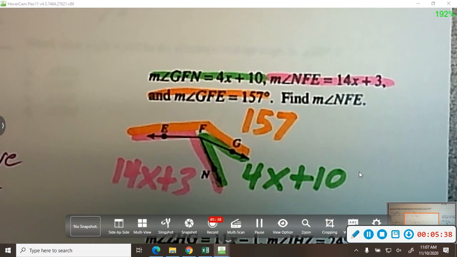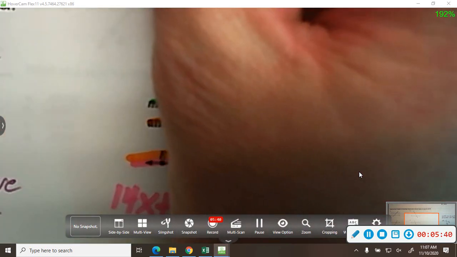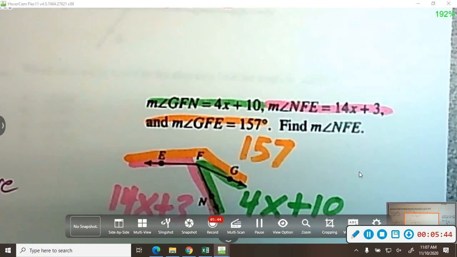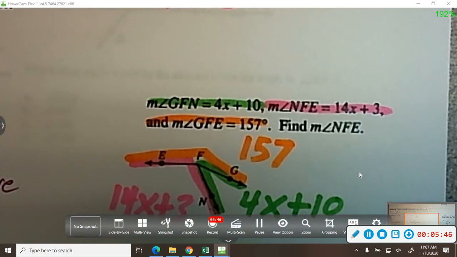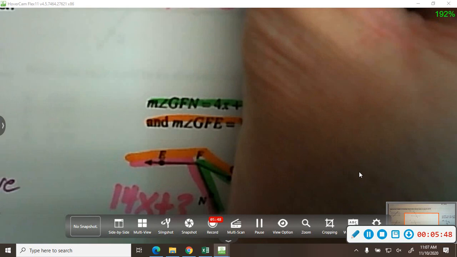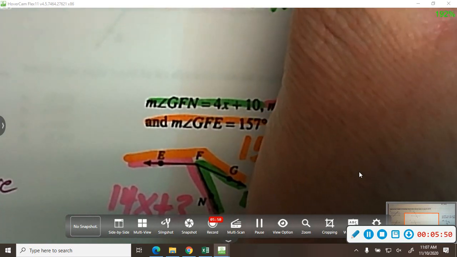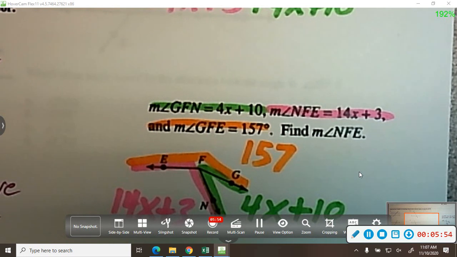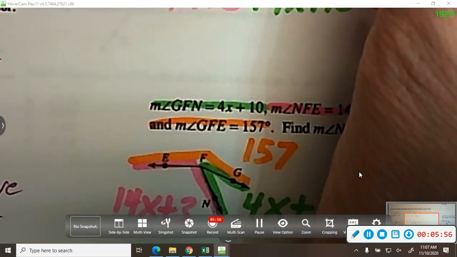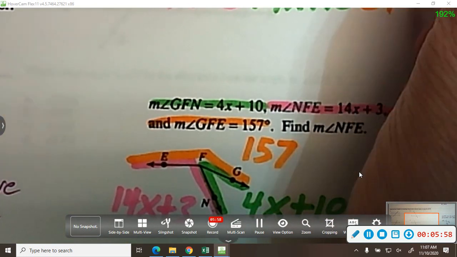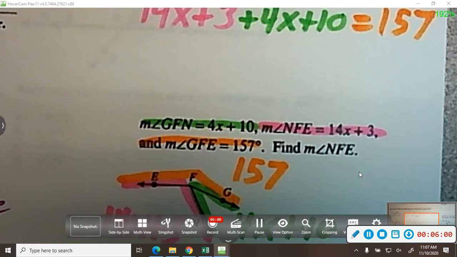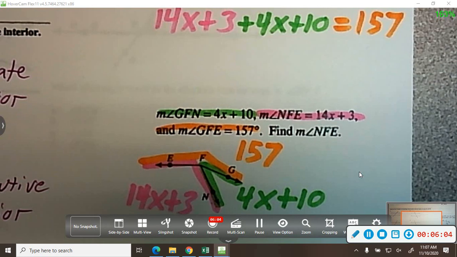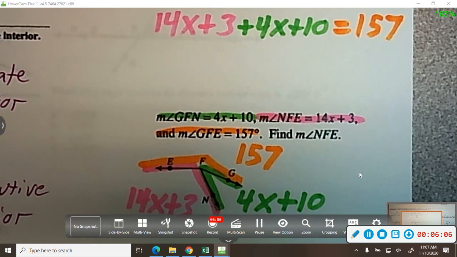I'm running out of room, so I'll do it up here. 14x plus 3 plus 4x plus 10 is equal to 157, by the angle addition postulate that says if you add those two, you get the whole thing.